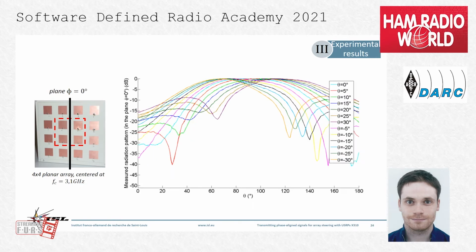At last, we look at the same measurement, this time in the plane phi equals 0 degrees. As lobes can be steered in both perpendicular planes, measurements then demonstrate that this setup and algorithms successfully allow two-dimensional beam steering. And this leads us to the conclusion.